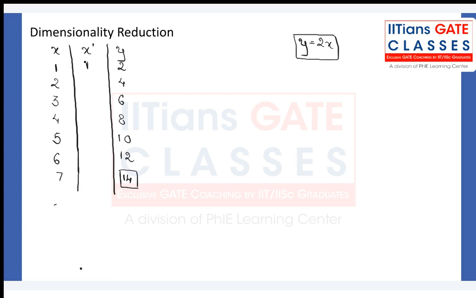So this x prime is 3, 6, 9, 12, 15, 18, 21. Now, can you tell me if there is a relation between x and x prime?